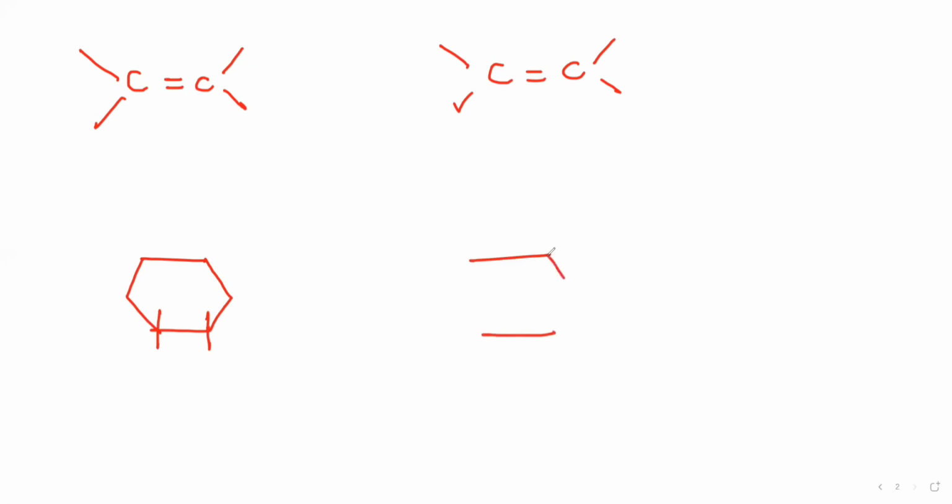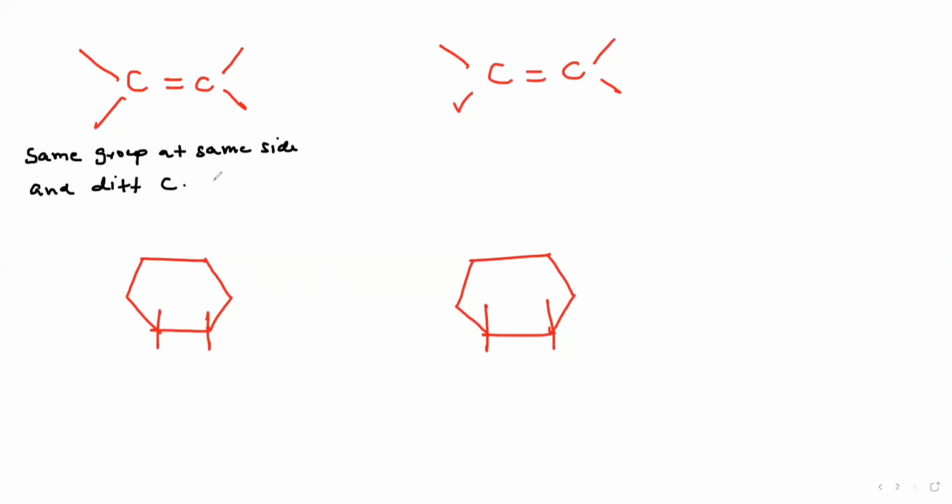Now very important, listen: the same group at the same side and at different carbons is called cis. It means the same group on the same side at different carbons. This is the cis isomer. Understand?